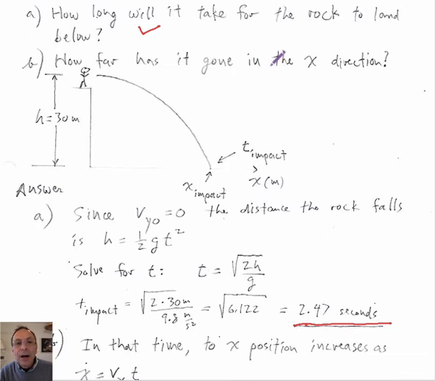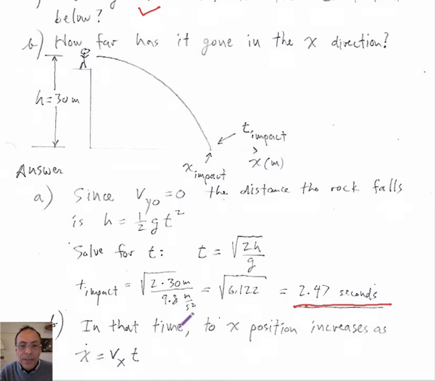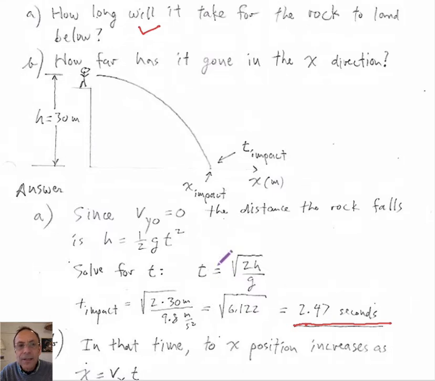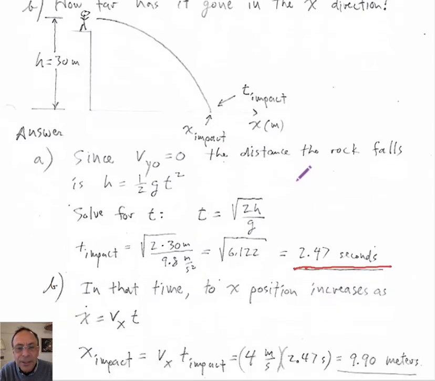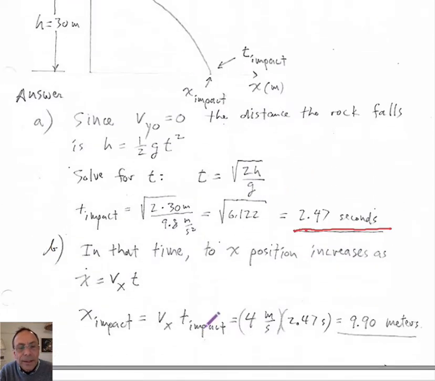How far has it gone? Well, we know the x part of the velocity that was given. It was 4 meters per second, and it's not changing, right? There's no acceleration in the x direction. And so now that we know the impact time, we can use distance is velocity times time. And we're talking about the impact position, so we'll call that x impact.